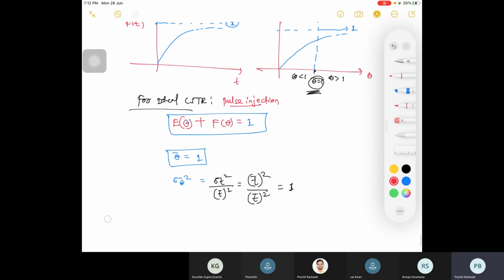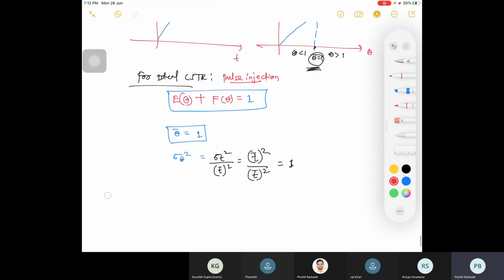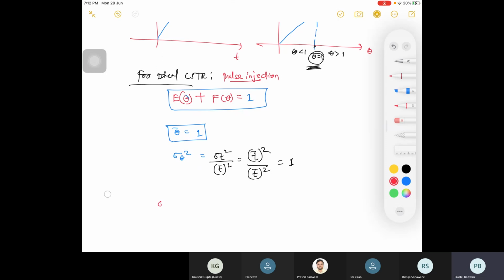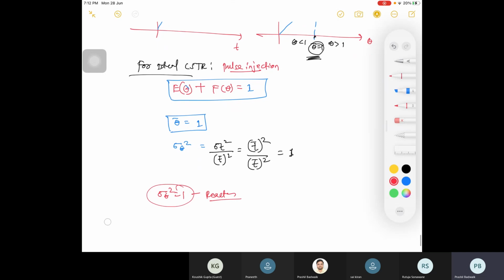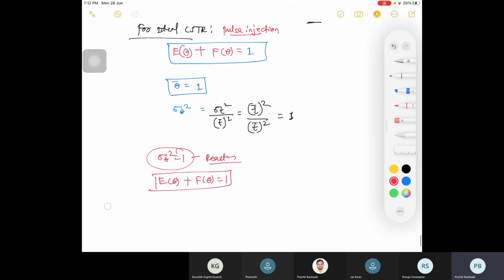So this kind of question is generally asked in match the pair. They directly tell your sigma theta square is 1. So what is that reactor? Your E of theta plus F of theta is 1. What is that reactor? This will be on one side and you'll have reactors on the other side.